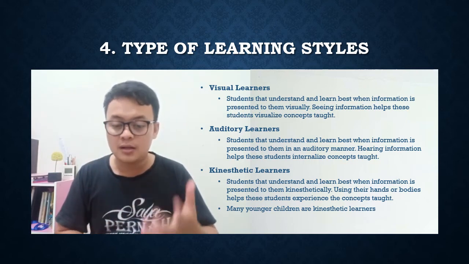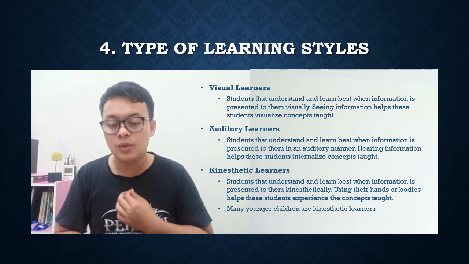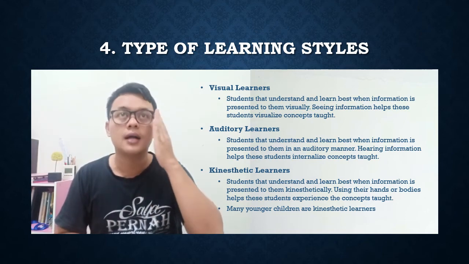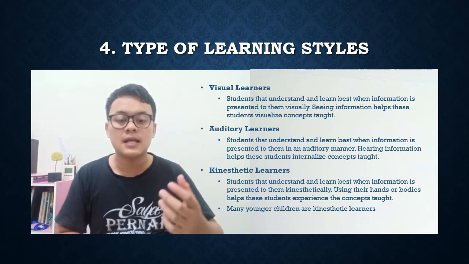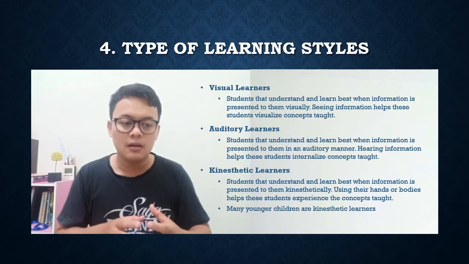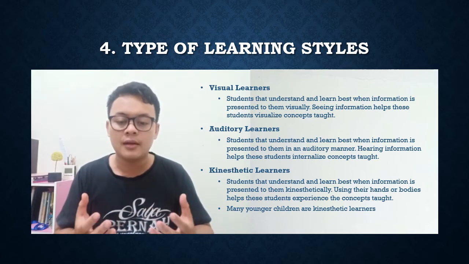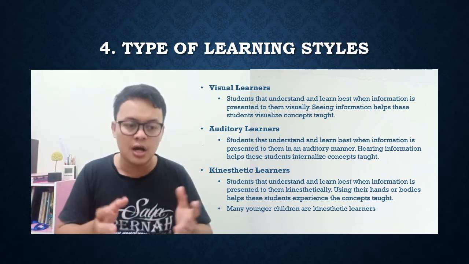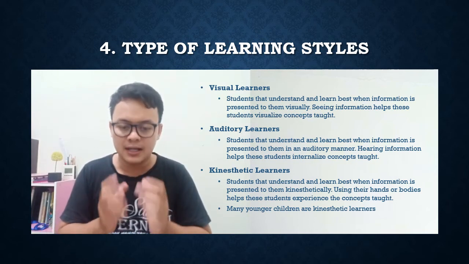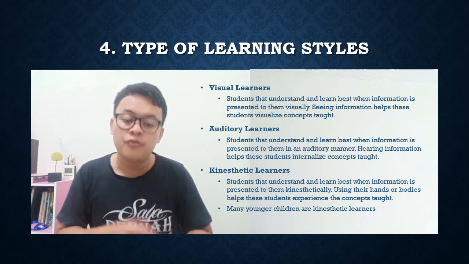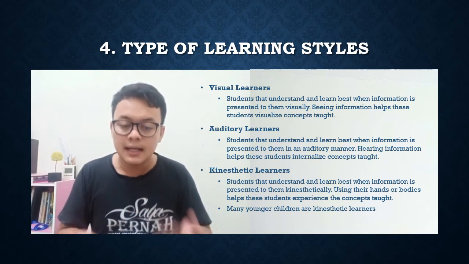So for a visual learner, it will be easy to understand or master a concept whenever they see things. These people like to have something visually presented instead of auditory or kinesthetic, right? So for these people, if you show a video, for example, it will be easy for them to understand.